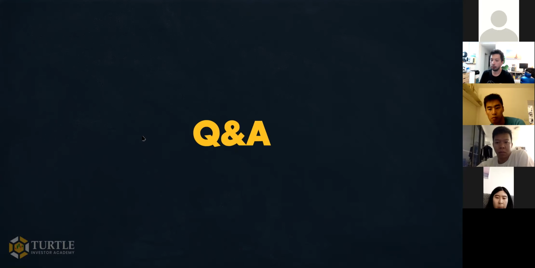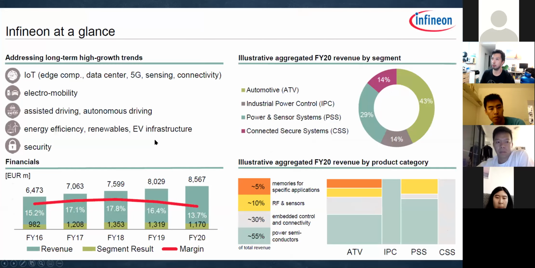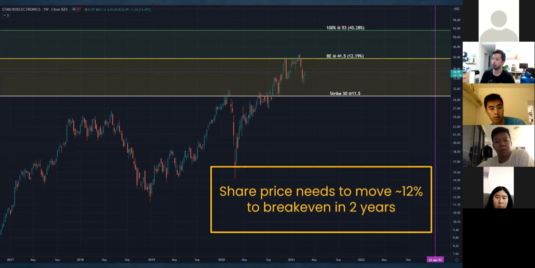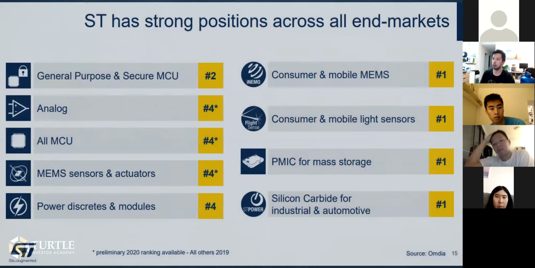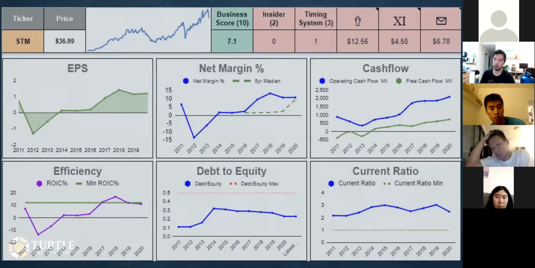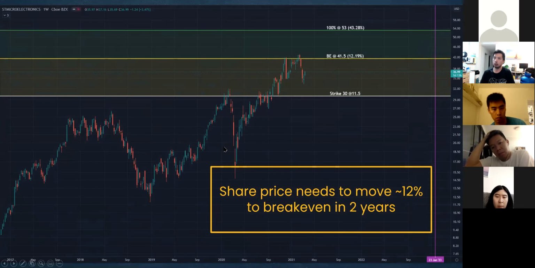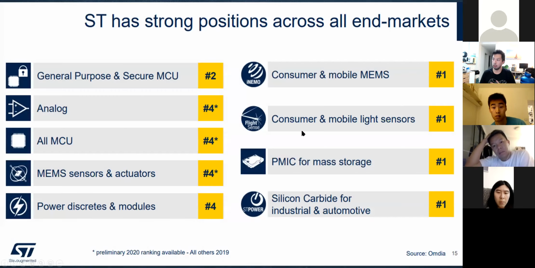Oh, one more thing, I just remembered. STM. This company is part of my research, briefly. In the past 1 to 2 years, they have been very focused on growing a lot of their business into automotive as well.